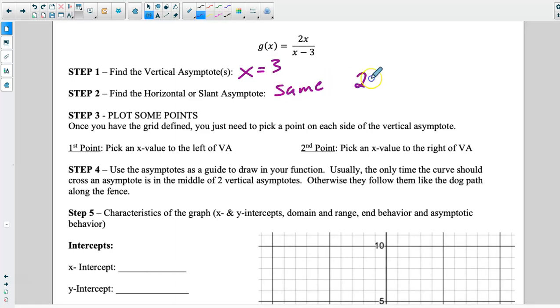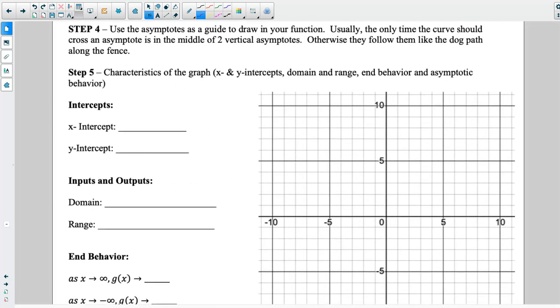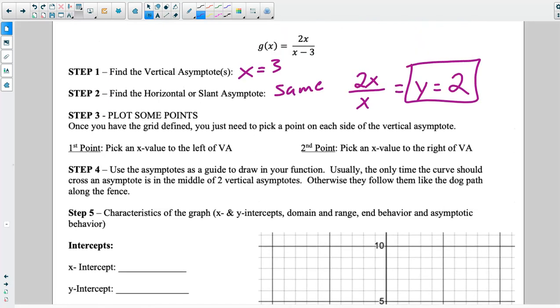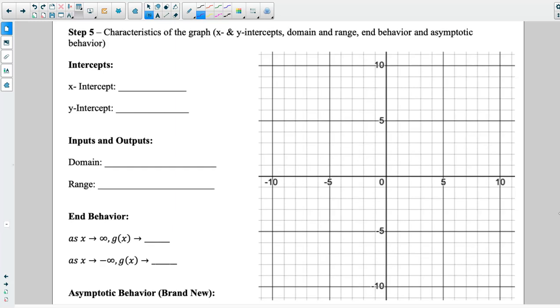So I am looking at 2x divided by x, which is just y equals 2. Let's graph those two things. 3 and 2.